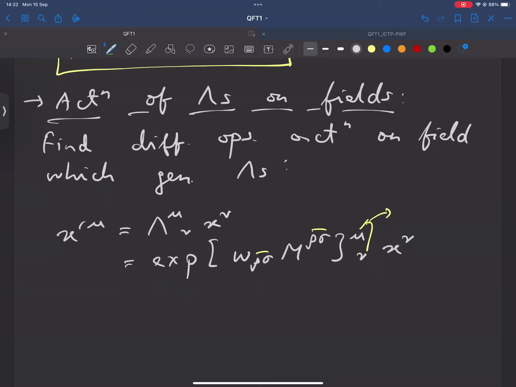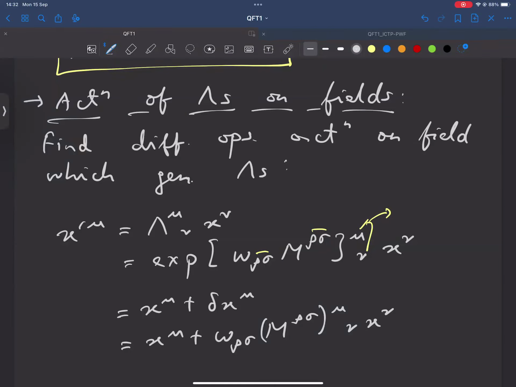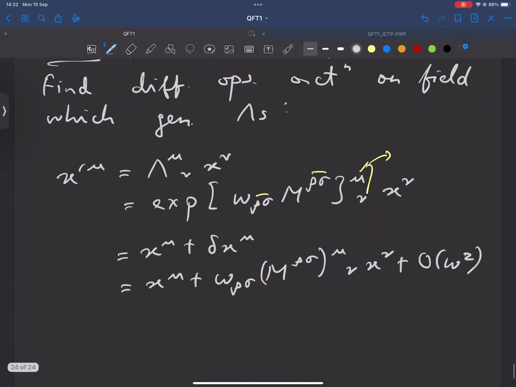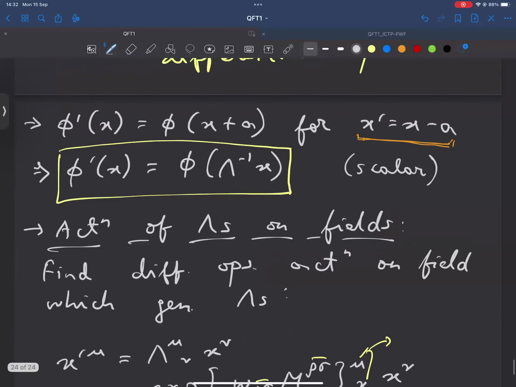And if you now expand it out, then it becomes x mu plus delta x mu, where it is x mu plus omega rho sigma M rho sigma mu nu x nu plus order omega squared. Right?